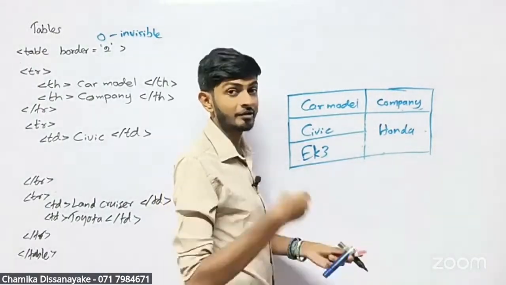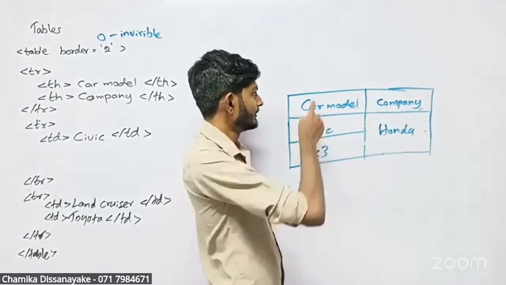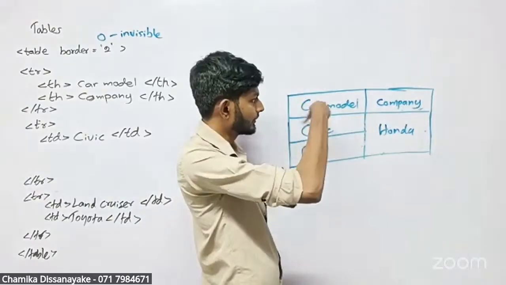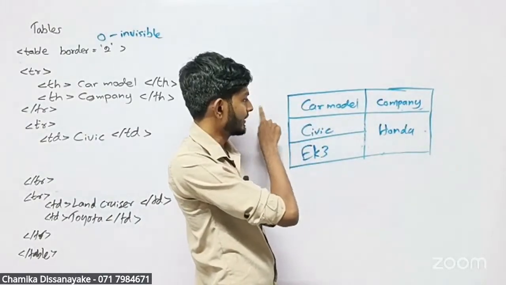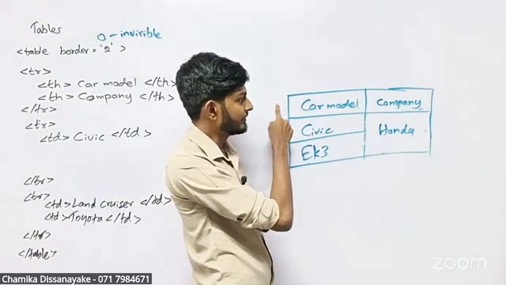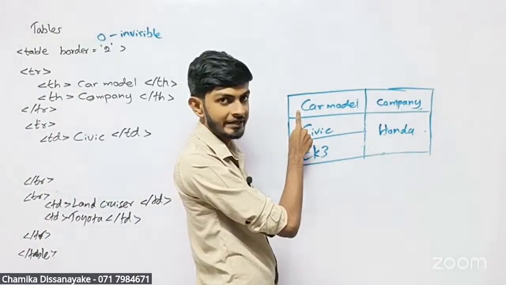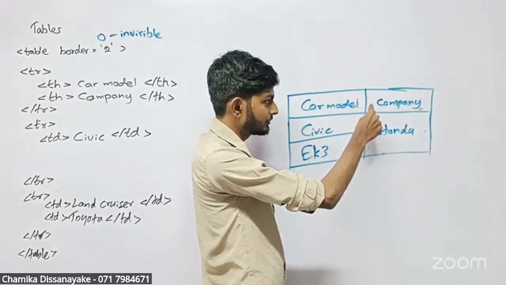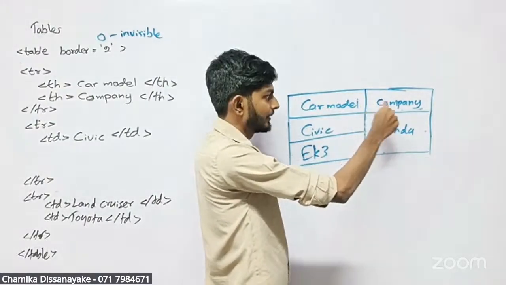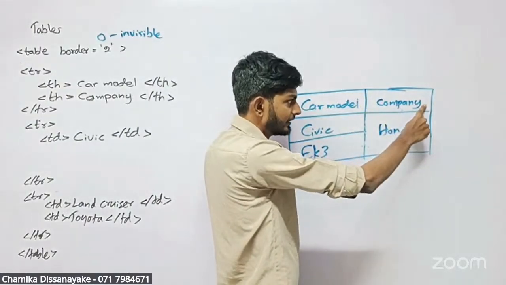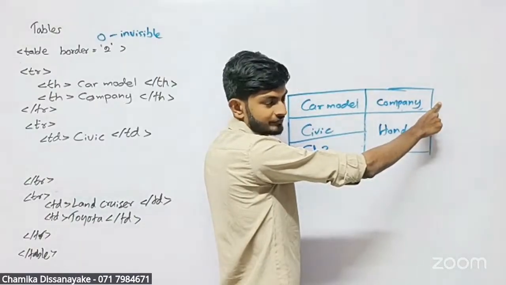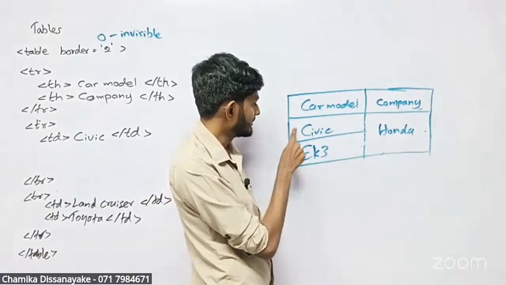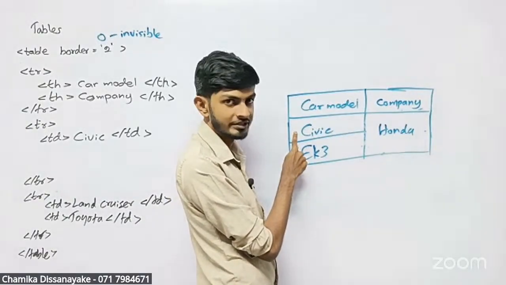Understand the procedure. First of all, I have created the table, and then I have created the row, and then the first heading, and I have closed the heading here, and then I have created the second heading, and I have closed the heading here, and then the row is closed, and here I have started the second row, and here I have created the first data.